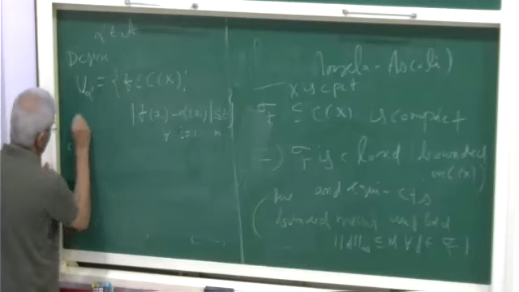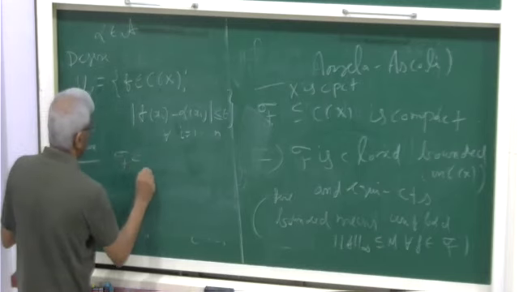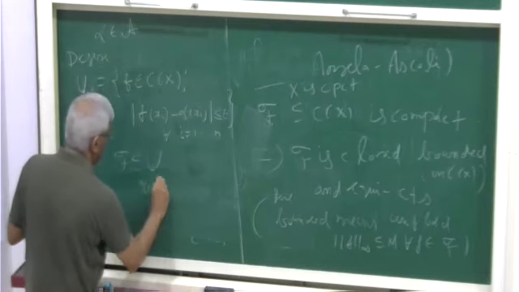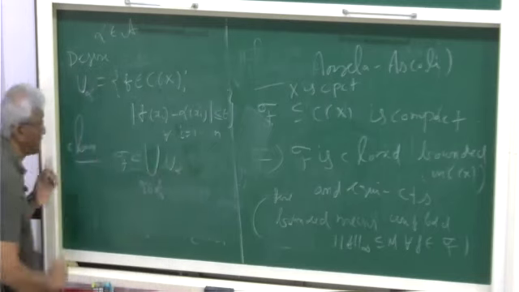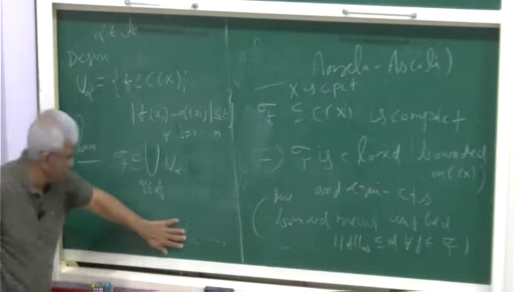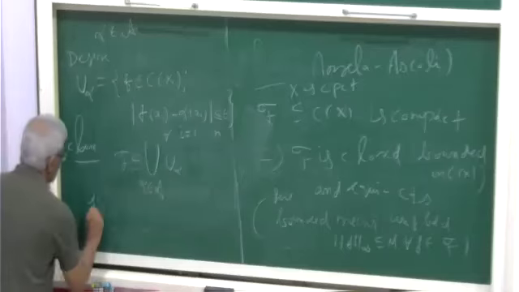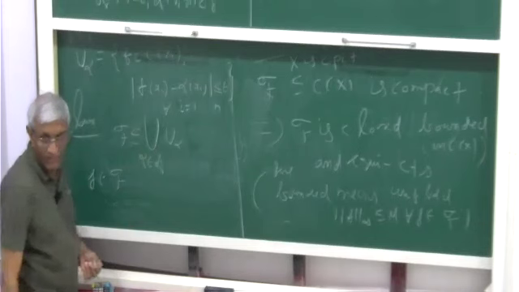Now the claim is that the script F is contained in the union over alpha in A of U alpha. But that is easy, I think. If f is in F, then you have to prove that it is in one of those U alpha.